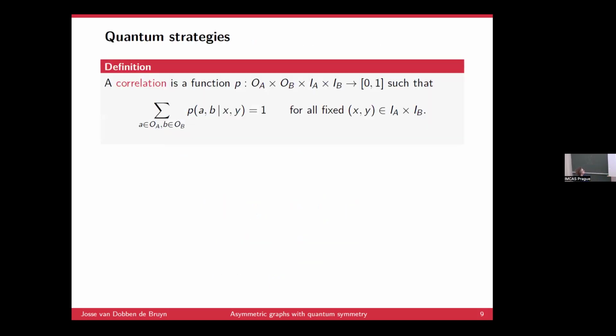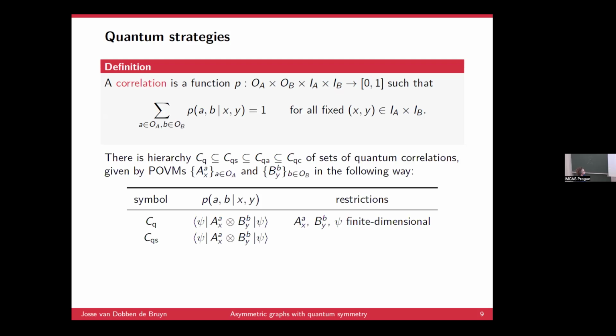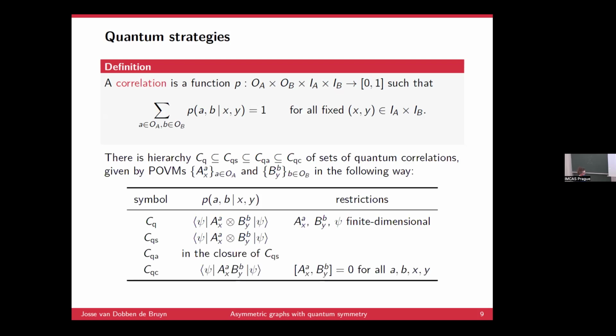I have a slide about correlations, and I won't say too much about this. There are different ways to formalize what a quantum strategy is. In this setting, for instance, the measurement operators for Alice and Bob are tensor products.